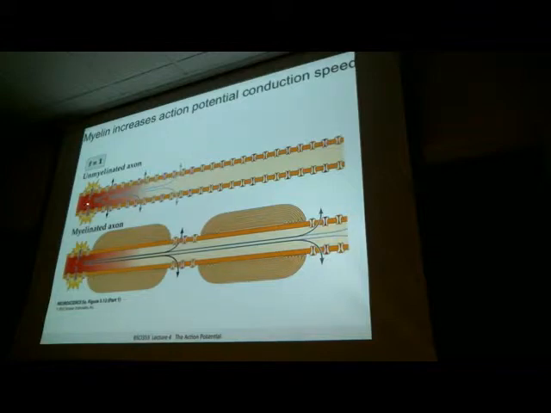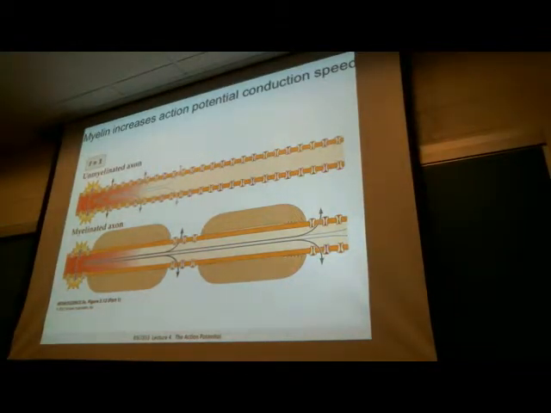In the unmyelinated axon, we initialize a signal, and then there's a passive decay of the potential as some of it leaks out. So let me see if I can write this. I know it's dark from the back.